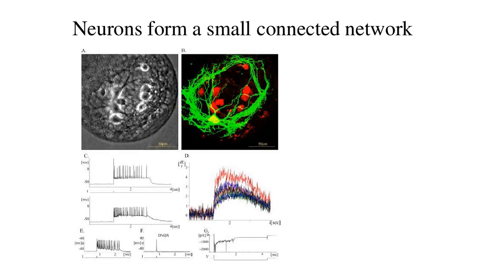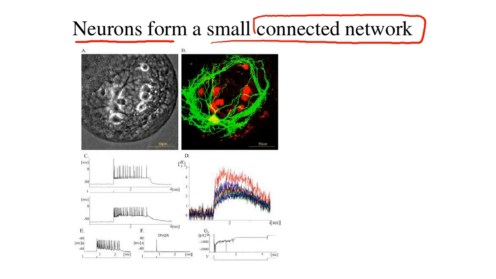Now I would like to go to another scale, again to show you another type of modeling. This is about neurons that can form small connected networks. You have here an example of a neuron that connects to 5 to 30 neurons connected together, and this can lead to very interesting properties.